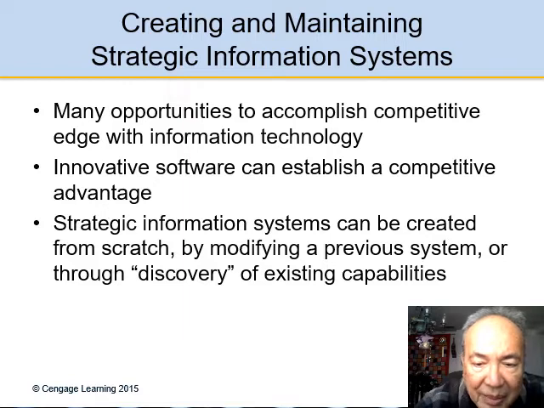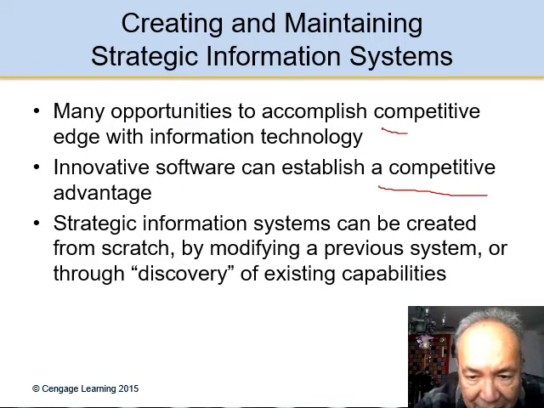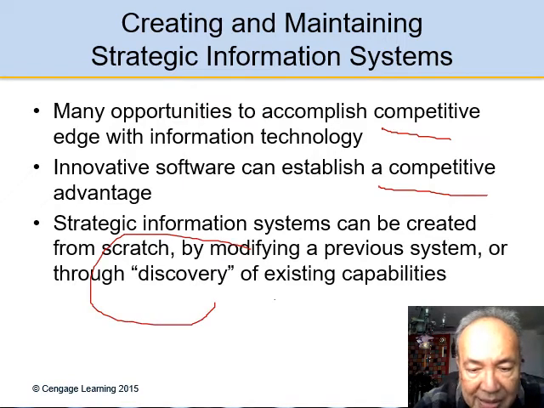Innovative software can establish a competitive advantage. Okay. How do you establish competitive advantage? Strategic information systems can be created from scratch, by modifying previous systems, or through the discovery of existing capabilities.